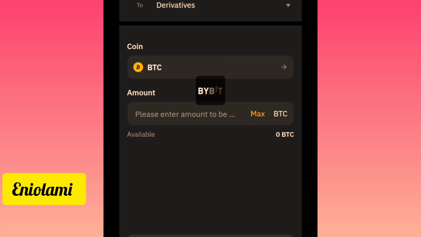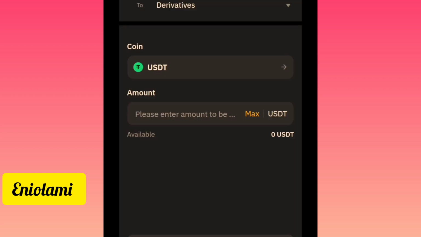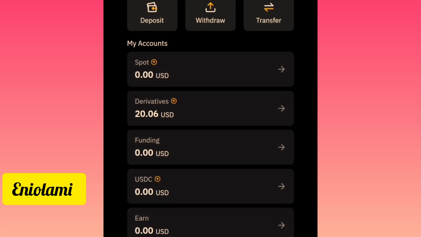By default it is always BTC, but you are going to select USDT since you deposited USDT. You click on max to transfer the amount you want to transfer, then confirm. Your funds will automatically be in your futures trading account, which is called the derivatives. So that's how to transfer to the Bybit derivatives account.